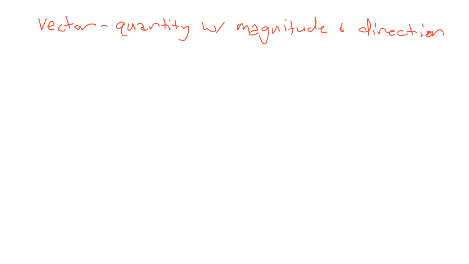So, for example, if you say go west, that's not a vector because we don't know how far. If you say go 30 miles an hour, that's great, but that's not a vector. That is just a quantity with magnitude, or what we call a scalar. But if you say go 30 miles an hour west, that gives us a vector, since that gives us a magnitude and a direction.